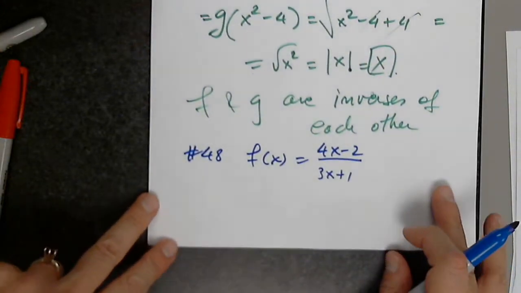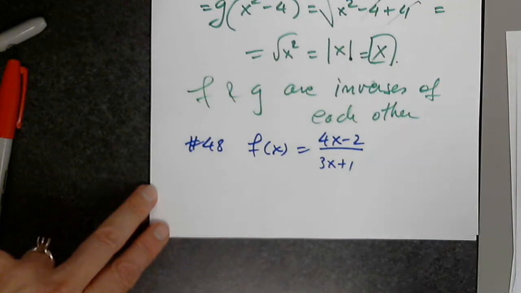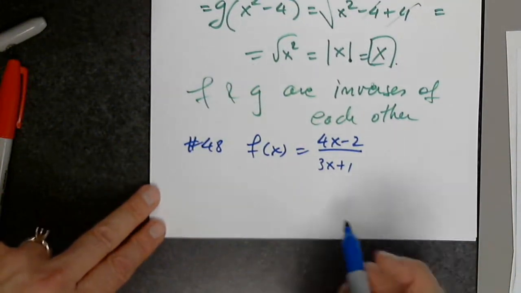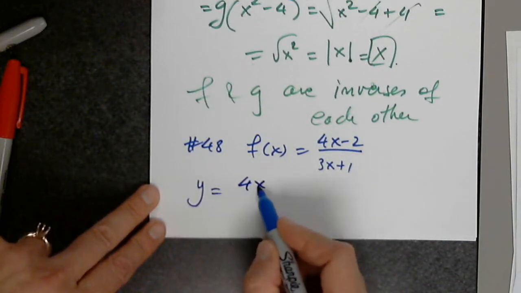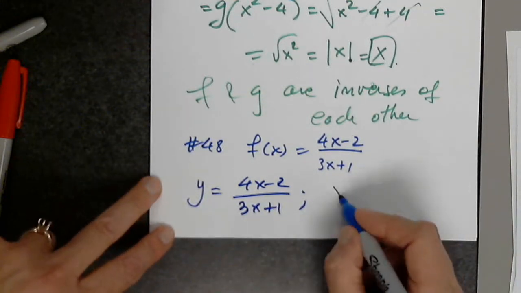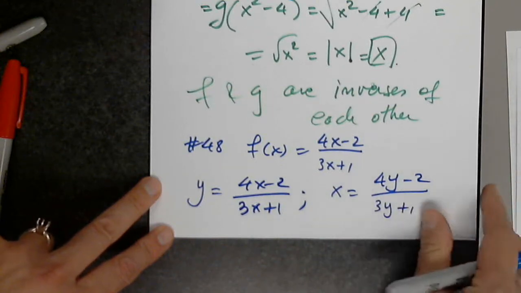Okay, but I will not have time to finish it. So remind me, I will show you how to show that it's one-to-one on Monday. So we replace f of x by y, y equals 4x minus 2 over 3x plus 1. In step 2, we interchange. X equals 4y minus 2 over 3y plus 1.